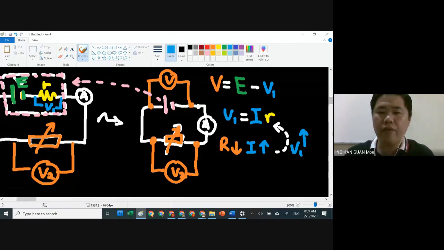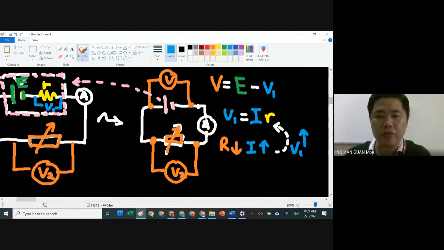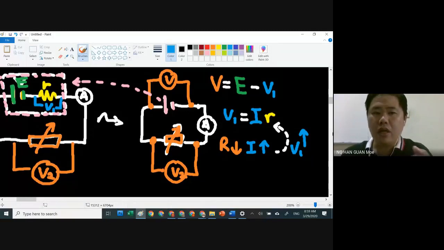Remember, Ohm's law only applies on the constant R conductor. When the current flows through the constant R conductor, the relationship between V and I will be directly proportional. This is Ohm's law, only applying to constant R. So our internal resistance is a constant R, so when we adjust the rheostat, the current increases, and the voltage across the internal resistance will increase as well.